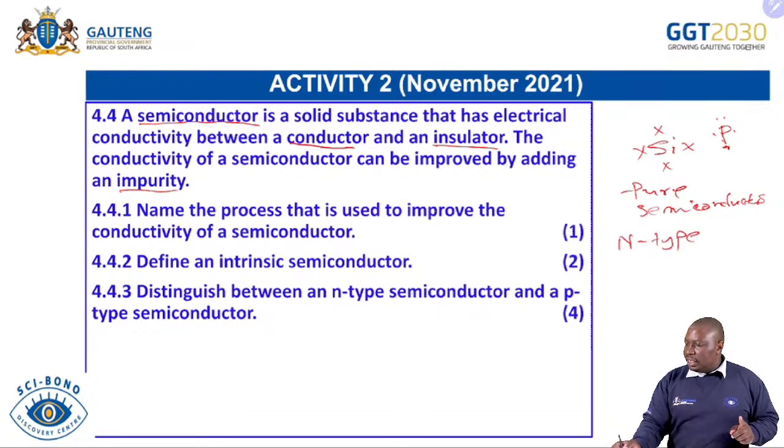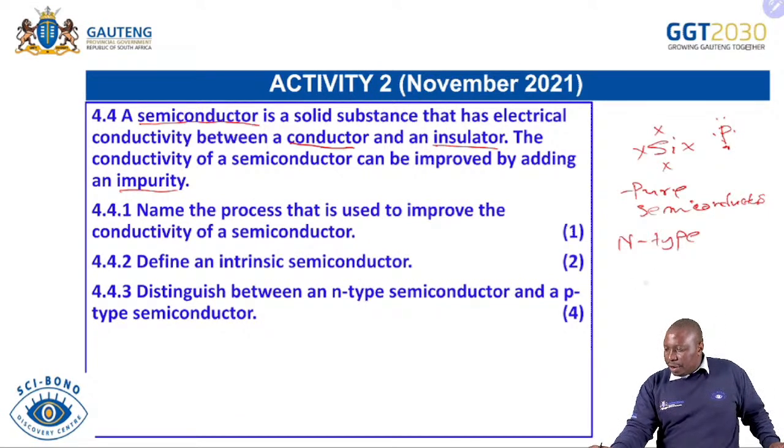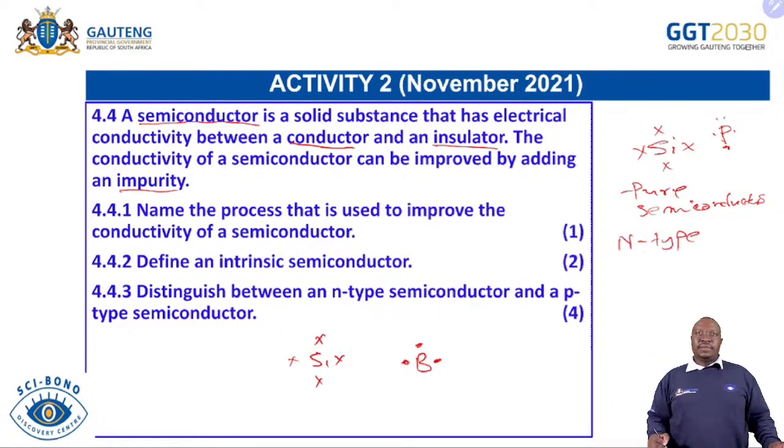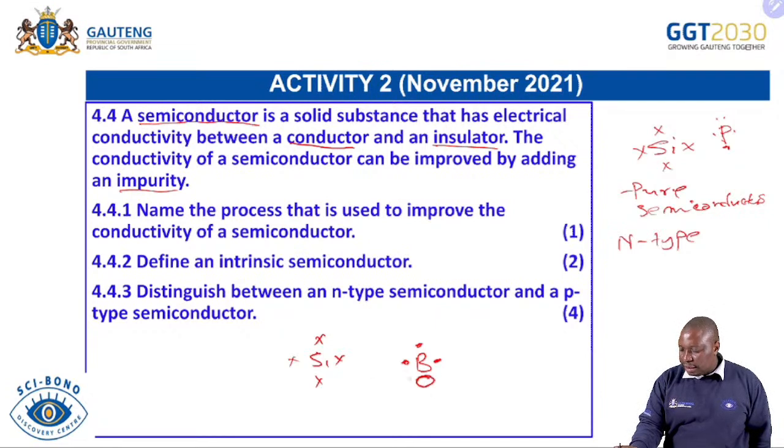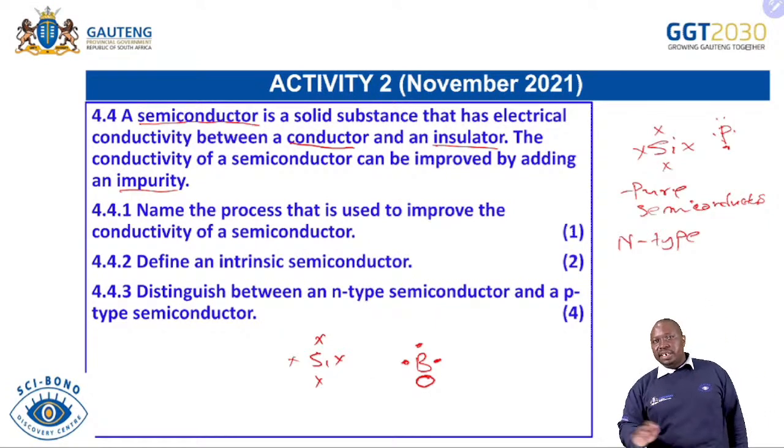And then we said, if silicon needs 4 electrons, if we use a trivalent like boron, for example, we're going to have a hole here, because remember this hole now, there is no electron.